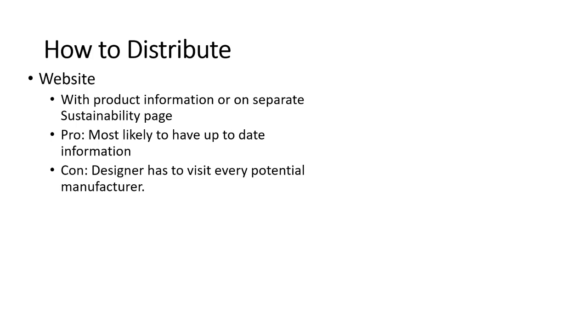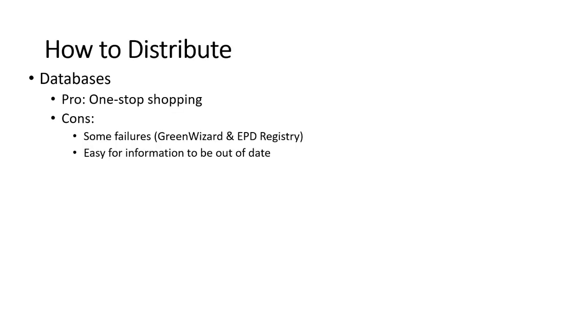So anything that they can do, like a database that would have multiple products from multiple manufacturers, is really going to save a lot of time. And as a result, databases that host EPDs and HPDs are definitely becoming something that we're seeing a lot of architects and engineers using.